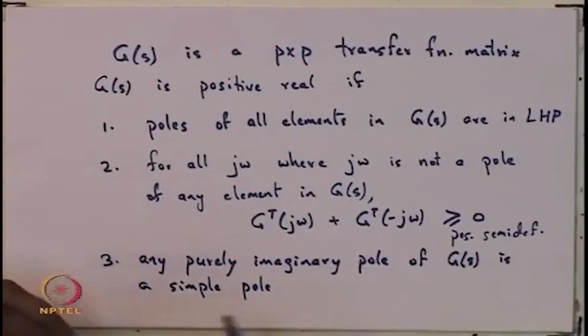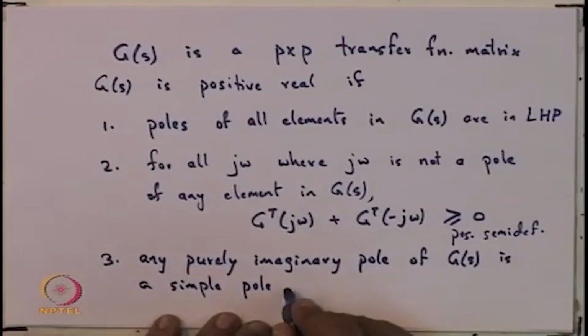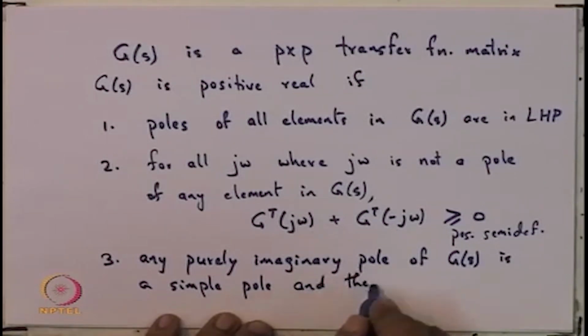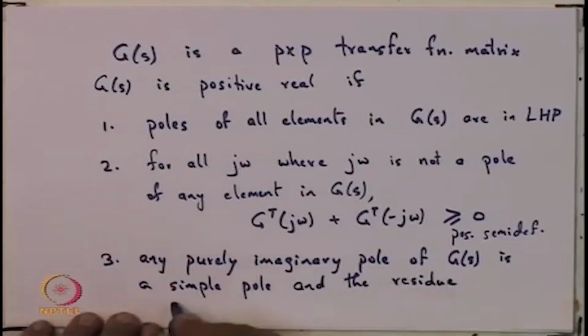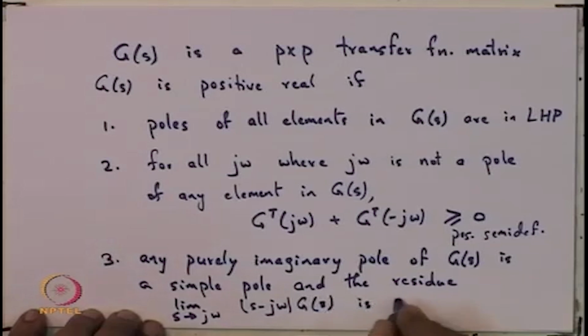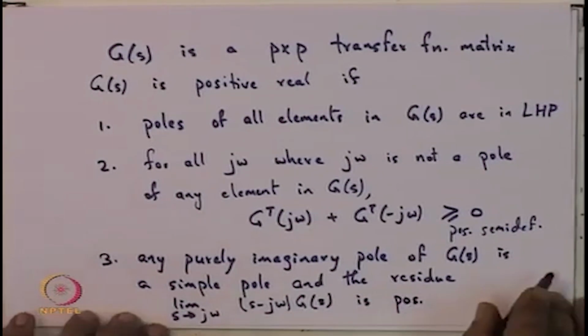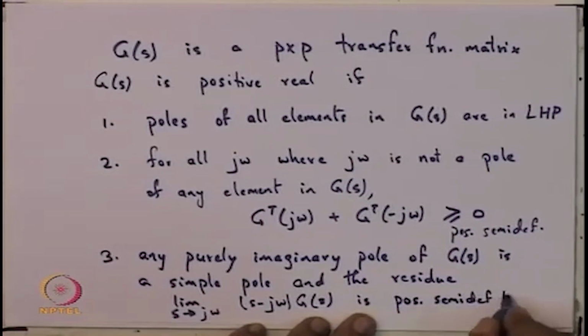That means it does not have multiplicity greater than 1, and the residue, the way you obtain the residue is limit s tending to j omega of s minus j omega times G of s, is positive semi-definite Hermitian.